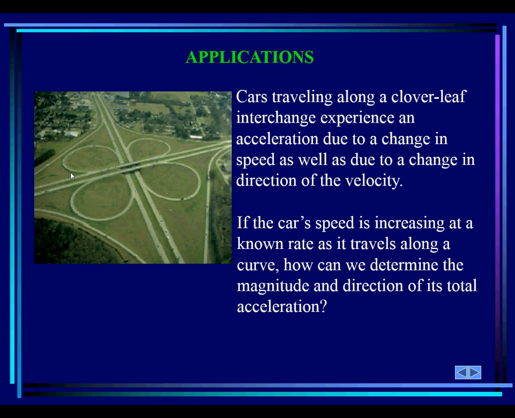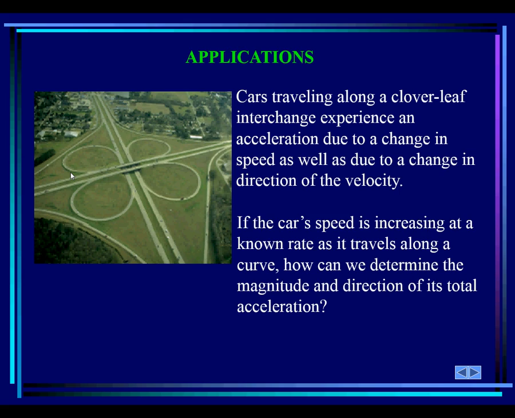Okay, if the speed is increasing at a known rate as it travels along the curve, how can we determine the magnitude and direction of its total acceleration? Because you see, what I'm trying to say is that the change of magnitude causes acceleration, the change of direction causes acceleration. So Hibbeler is putting this question here.